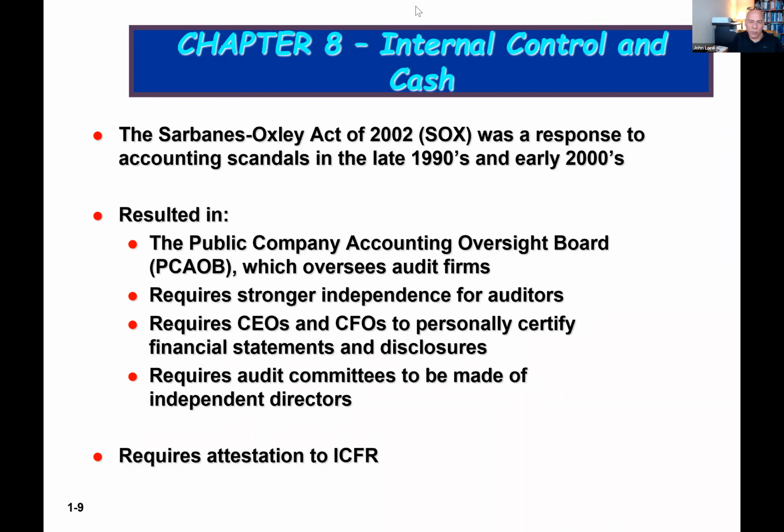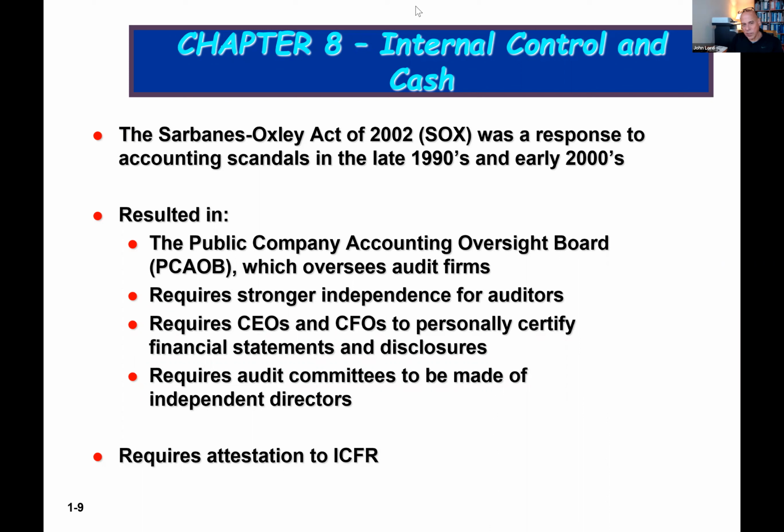WorldCom came after Enron. Everyone, even Congress, could understand that. Legislation was introduced and passed at that point in time. Sarbanes was the Democratic senator in the Senate.